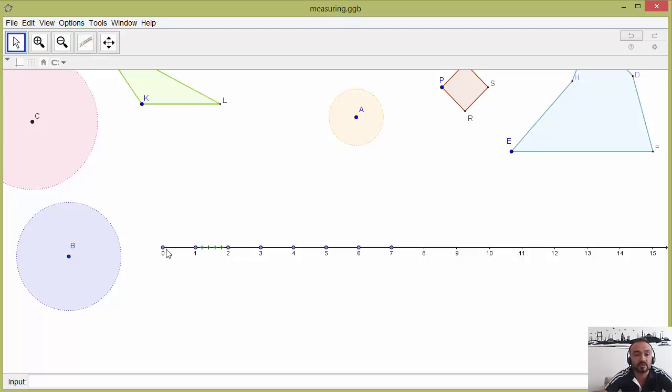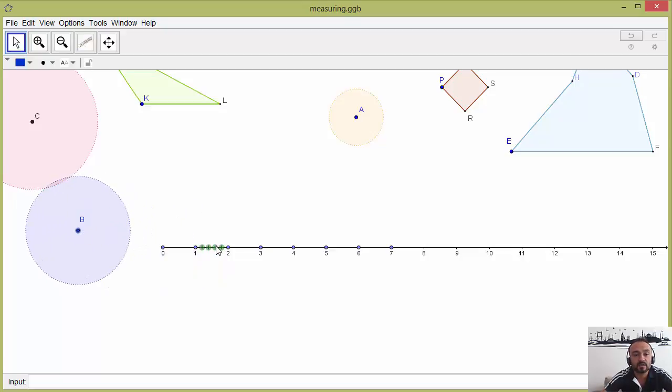How did we understand 3 over 5? Because one complete unit and 3 times 1 over 5 unit also exist.